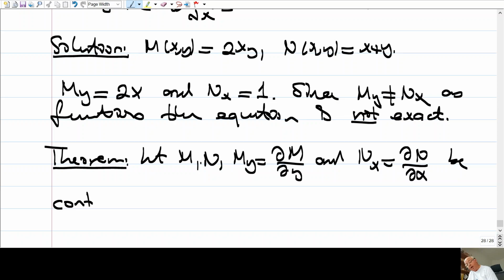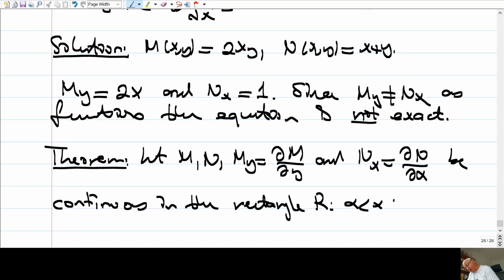In particular, m and n have continuous partial derivatives in some rectangle R, specified by these conditions. So x ranges between alpha and beta, y ranges between gamma and delta.